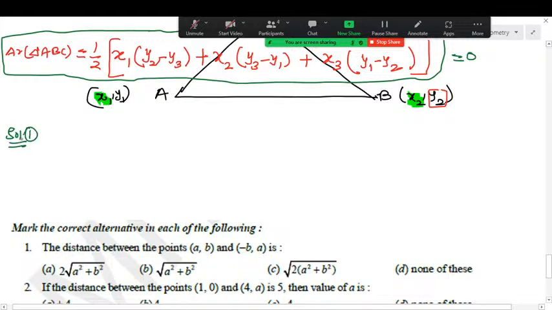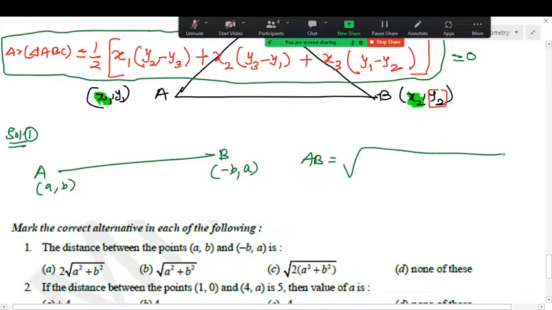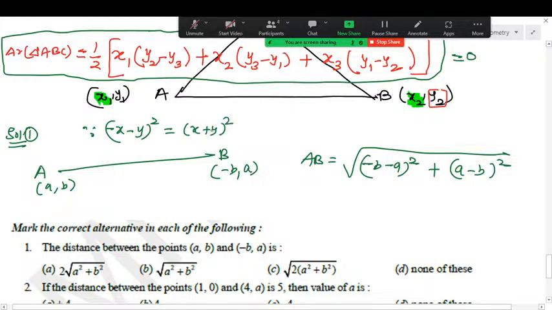So if you want to solve this question, you can just consider A as (a, b) and B as (minus b, a), and you can simply apply the same formula: x2 minus x1, that means minus b minus a whole square. Similarly, y2 minus y1, a minus b whole square. I want you to tell me, if you have x minus y whole square anywhere, it will be equivalent to x plus y whole square.